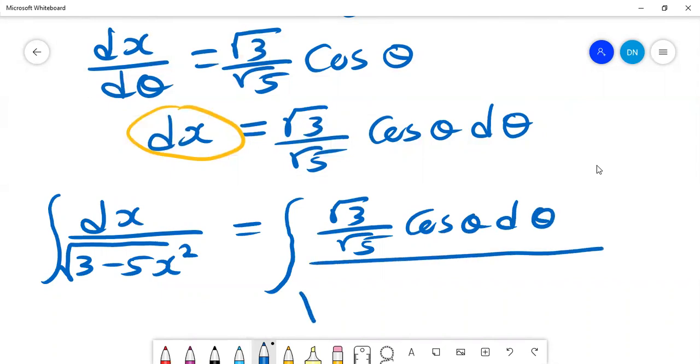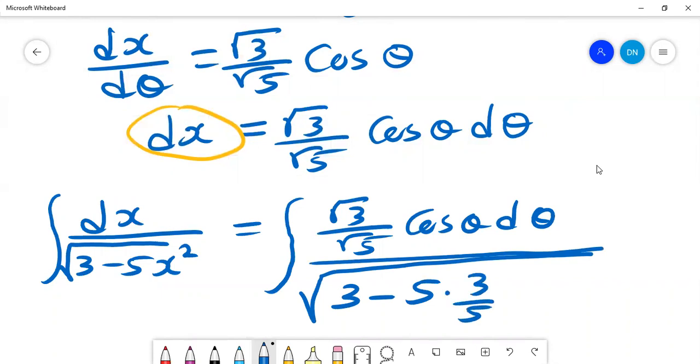It will be the square root of 3 minus 5 times x squared, and you remember x squared was 3 over 5 sine squared.